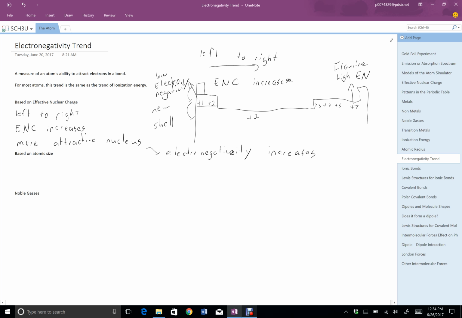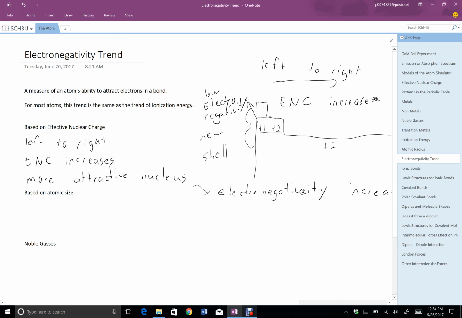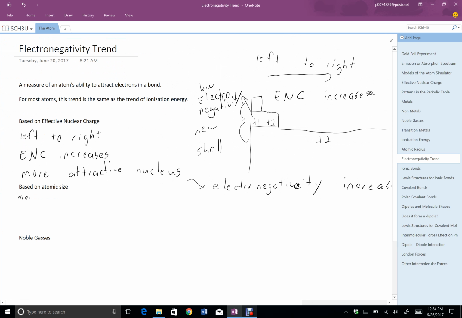Now recall also that as we go down, so we're moving from top to bottom, we're adding more shells. This means the atoms are bigger.